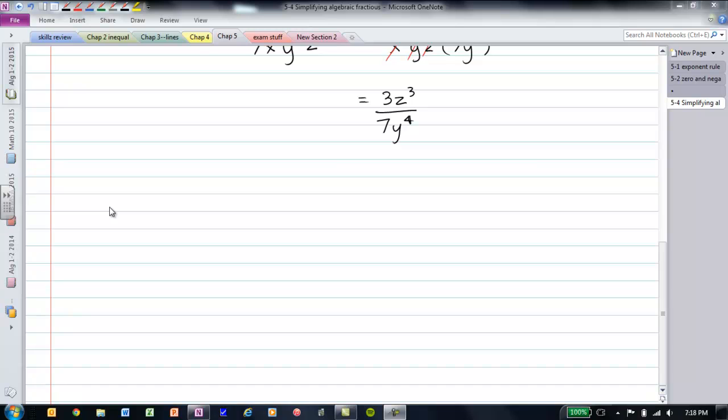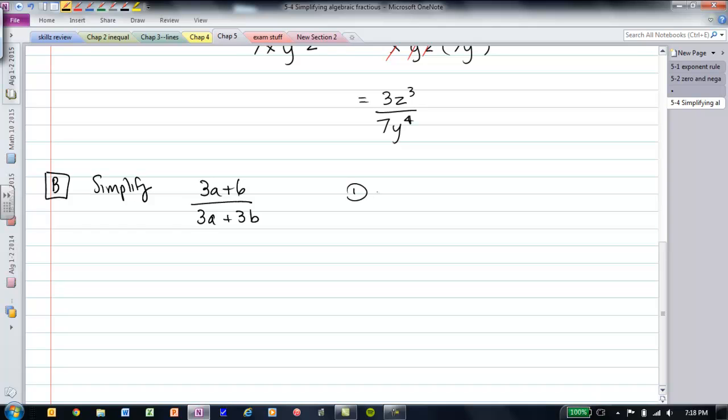Here is our second example. So this is example B. Directions again say simplify. And our problem is 3a plus 6 divided by 3a plus 3b.